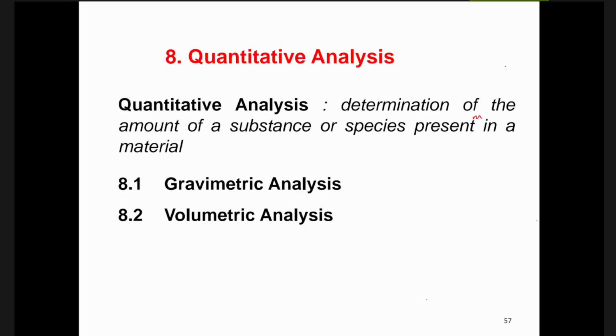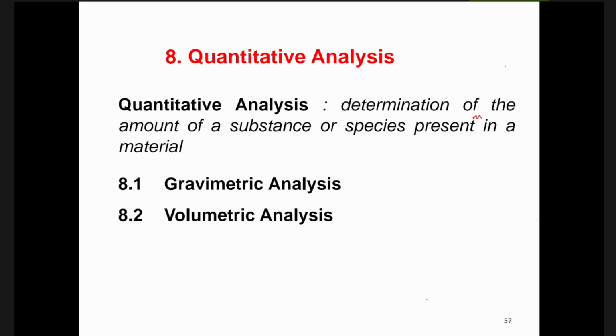So in the practical chemistry class, in the second semester, you will practice on two methods we call the gravimetric analysis and volumetric analysis. So by the name, you can understand the gravimetric analysis, that means using the mass of the compound to calculate the amount of the species inside the solution.